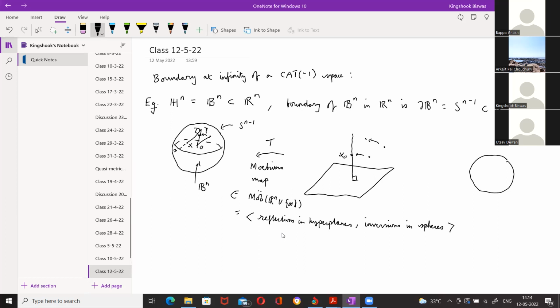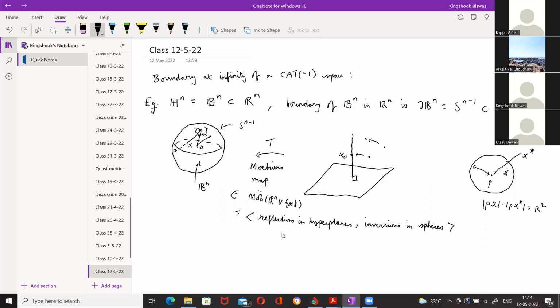If I take a sphere with center P, then the inversion is basically you take x and you draw the radius passing through x from the center and you extend it to a point x star such that the product of the distances Px times Px star is equal to the radius squared.